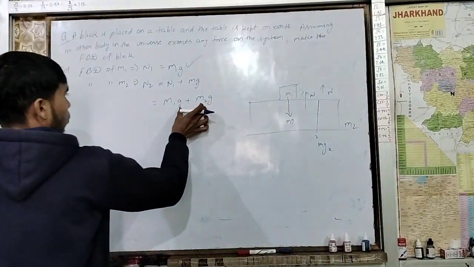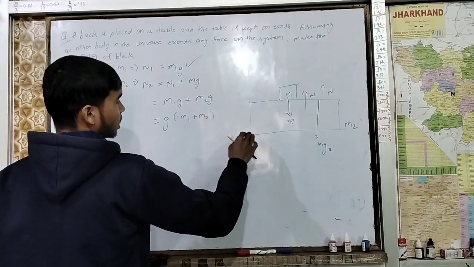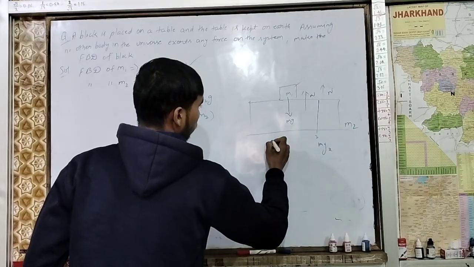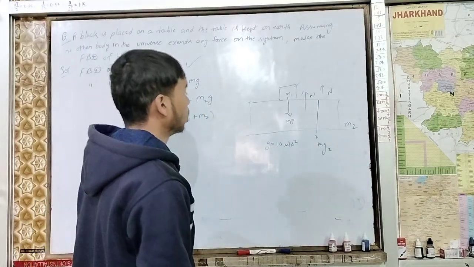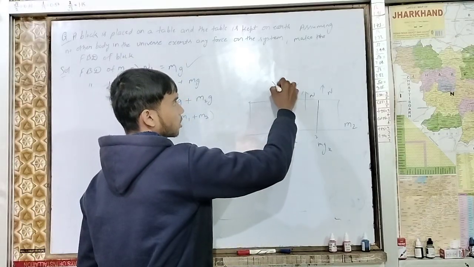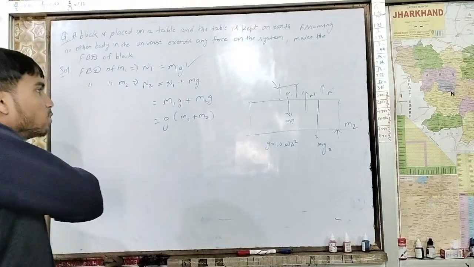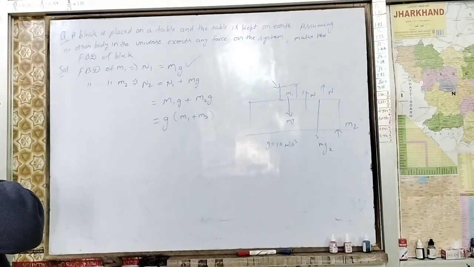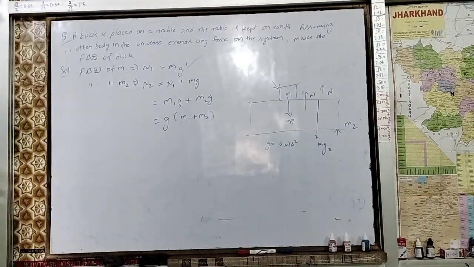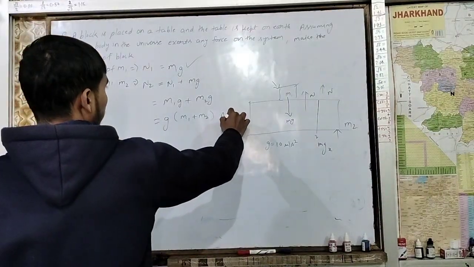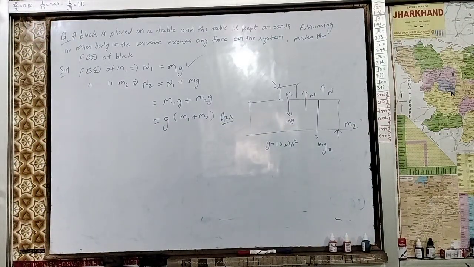Here g is a constant, 10 meters per second squared, for both the object and the table. The value of g for both will not be different, but masses are different. That is how we find the free body diagram of any object when it comes to two or three objects.